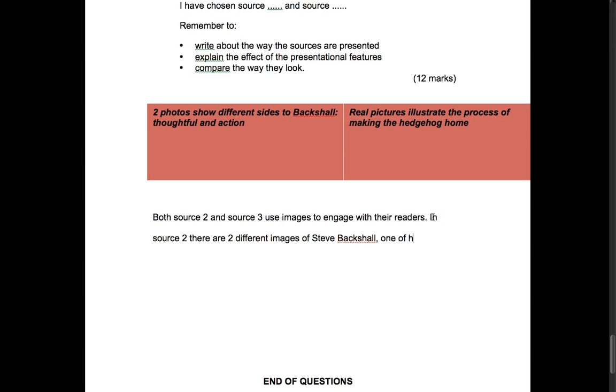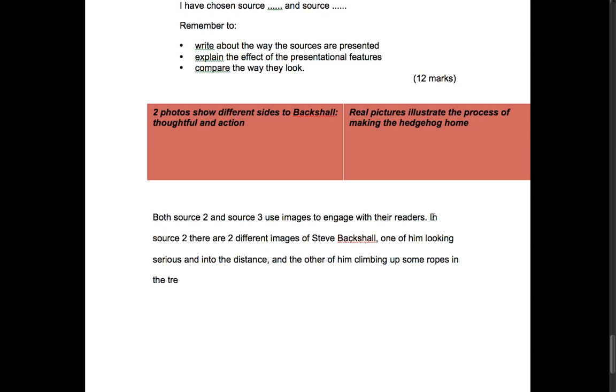One of him looking serious and into the distance, and the other of him, what's it doing? Of him climbing up some ropes in the trees. Now, again, that's effectively my evidence. Okay, I've described it rather than quoted it because it's very difficult to quote a presentational device. But now I need to explain it.